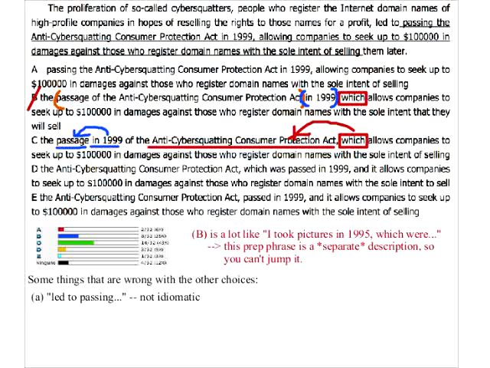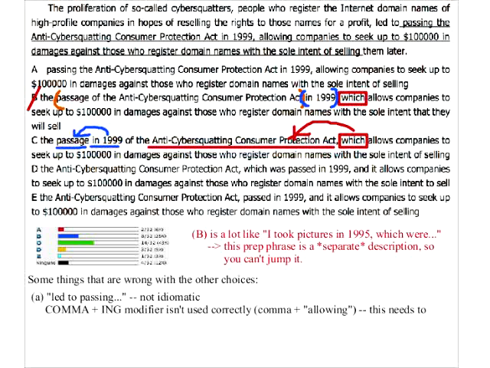In other words, the comma plus allowing needs to modify the preceding action, which it doesn't. The preceding action is led to.